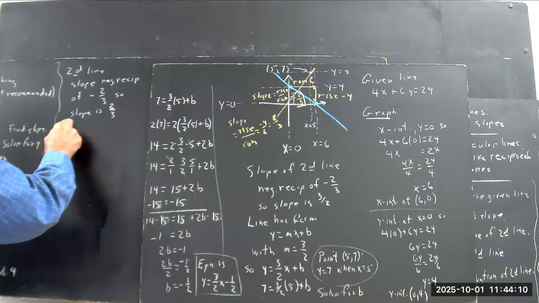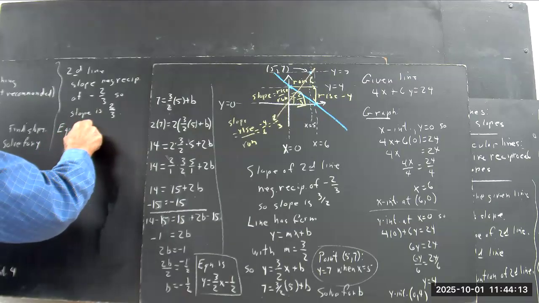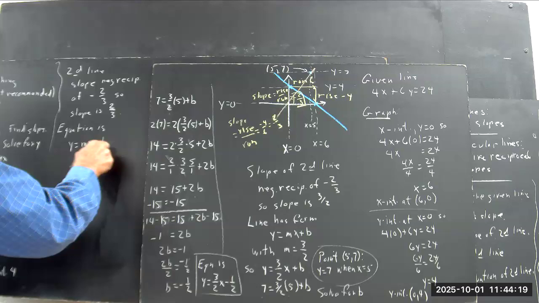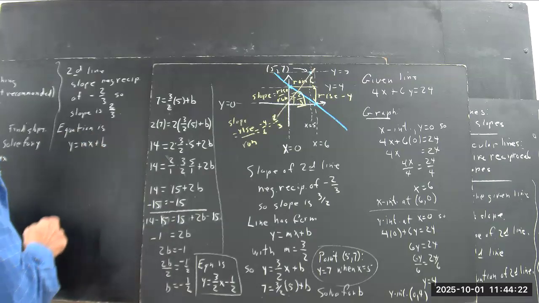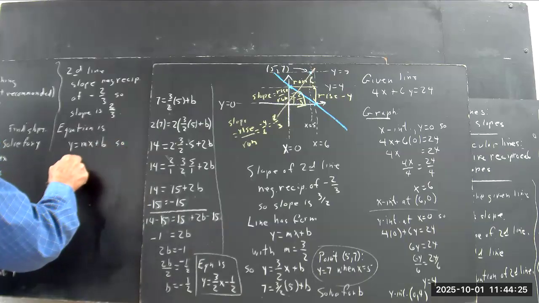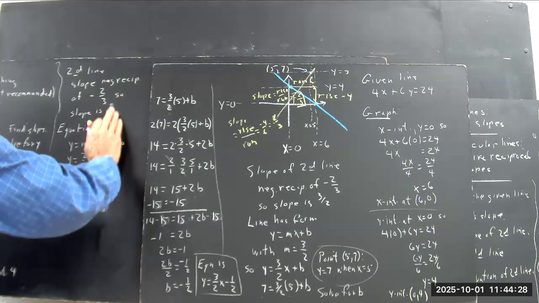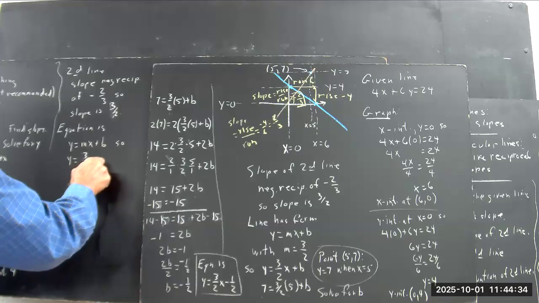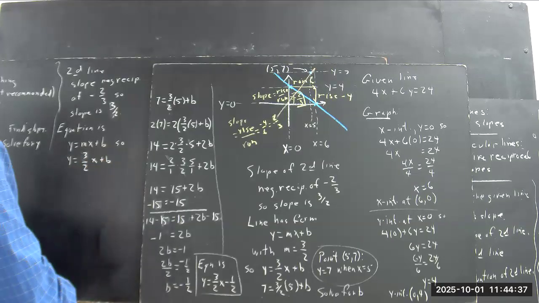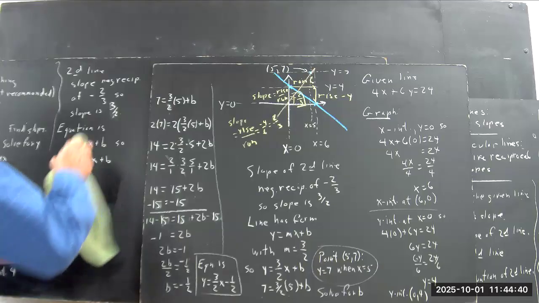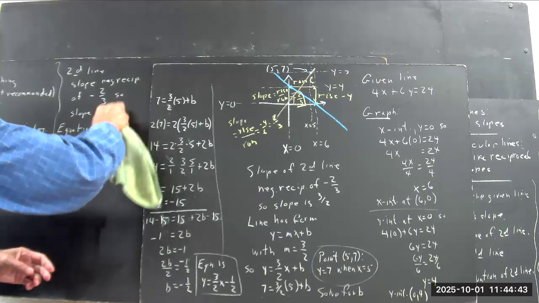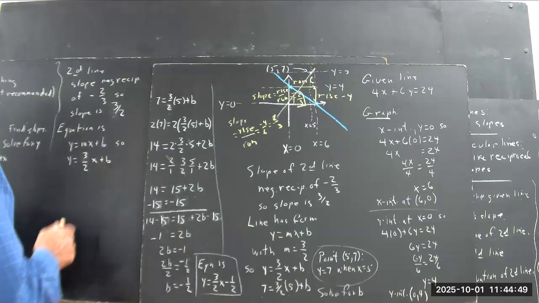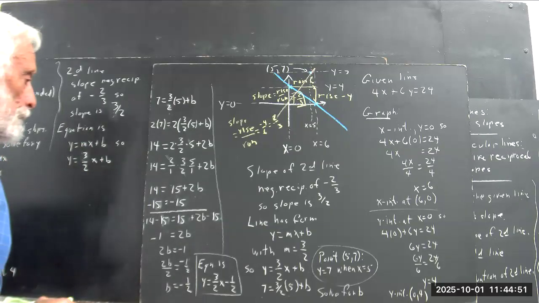The equation is y equals mx plus b. So it's y equals 2/3. Sorry, the slope is the negative reciprocal, it's 3/2. Better look at 3/2 up here. So y is 3/2 x plus b.